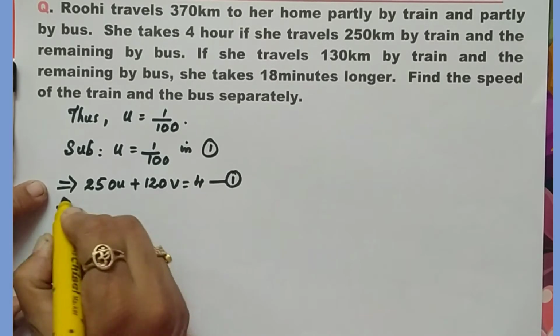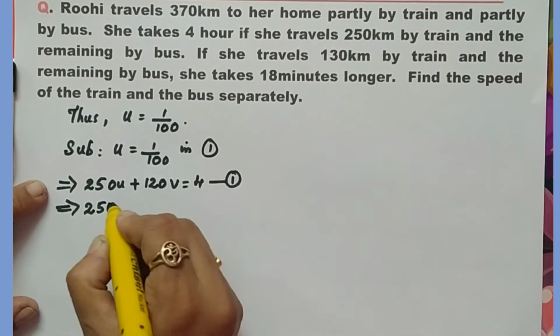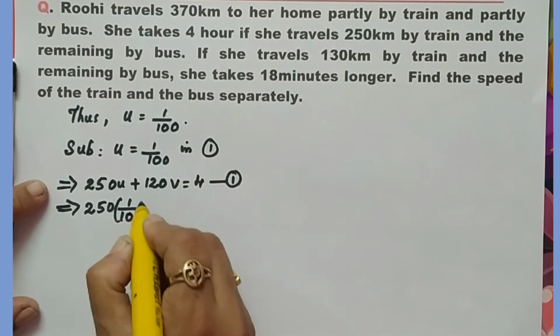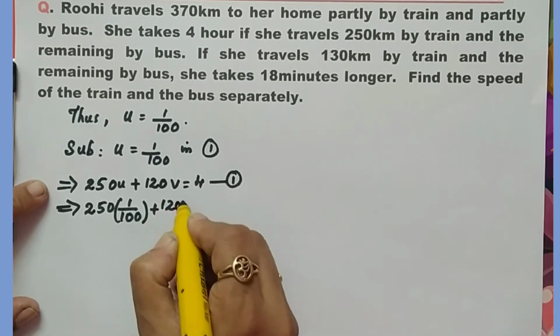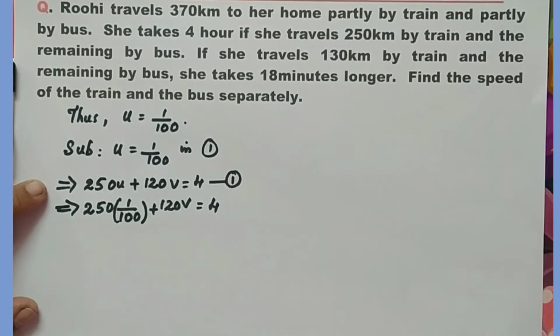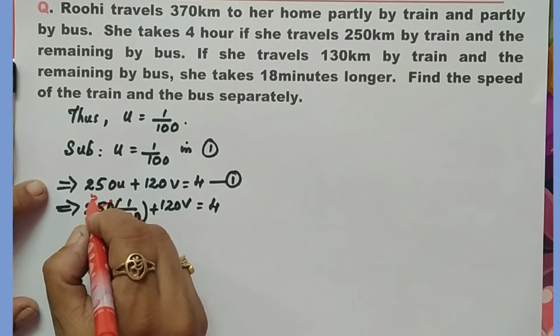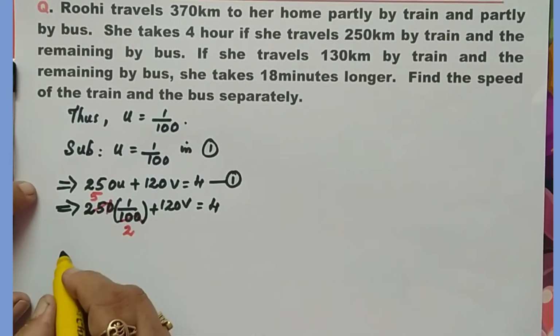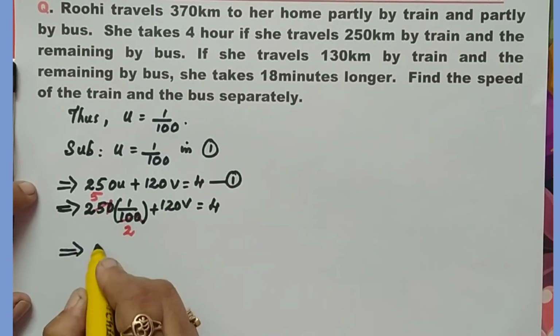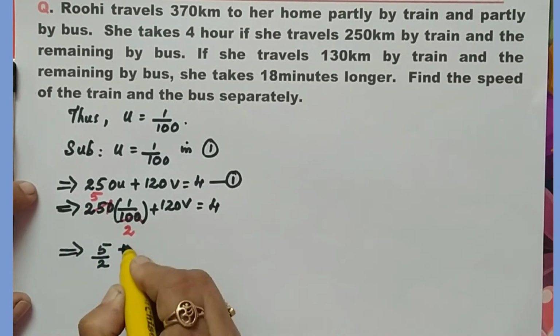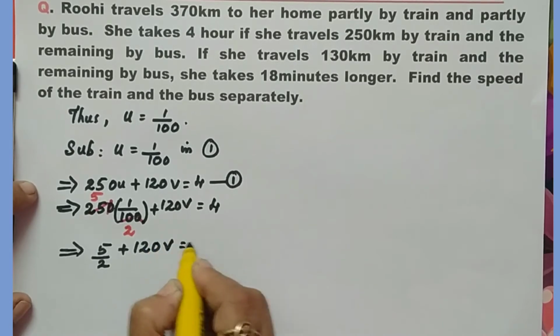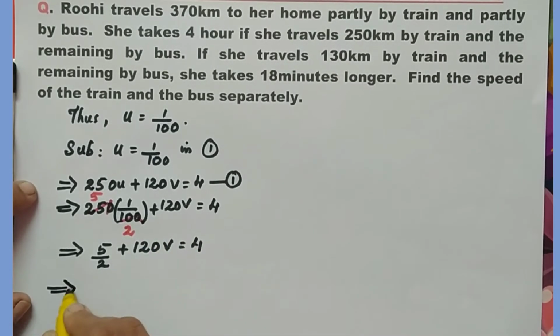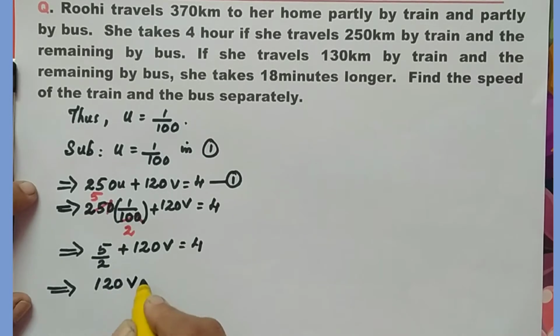So, 250 into the value of u, which is 1 by 100, plus 120v equal to 4. Look at the cancellation. 0 can be cancelled with a 0. 25 cancels with a 5, 5 times. 10 cancels with a 5, 2 times. So what remains there is 5 by 2 plus 120v equal to 4.